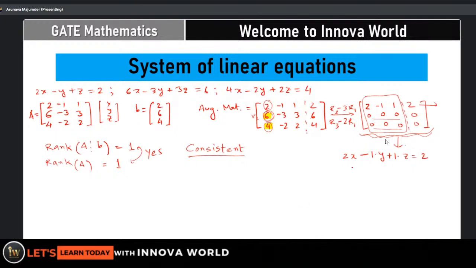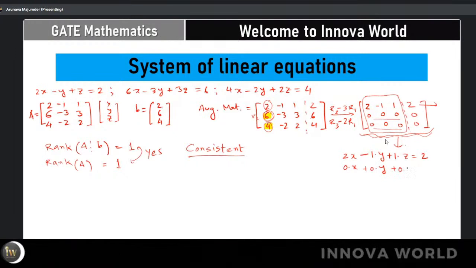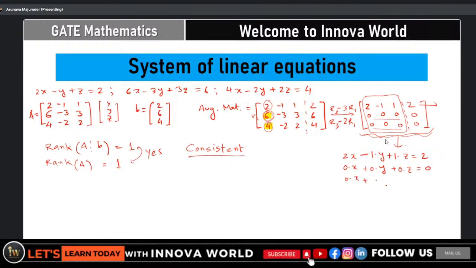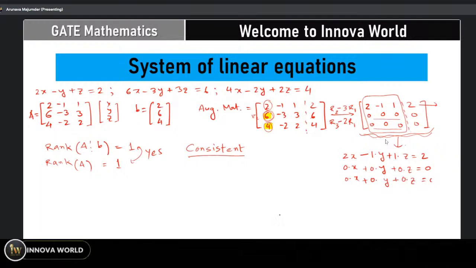From the second row, 0 into x plus 0 into y plus 0 into z is equal to 0. The third row gives us 0 into x plus 0 into y plus 0 into z is equal to 0.